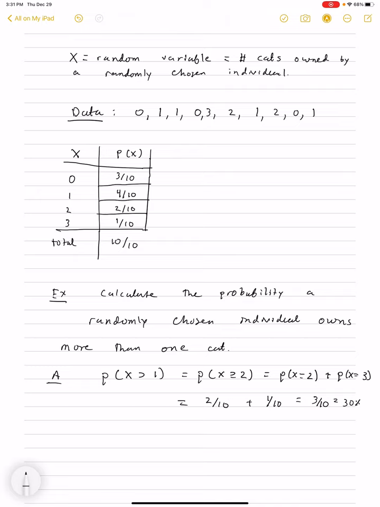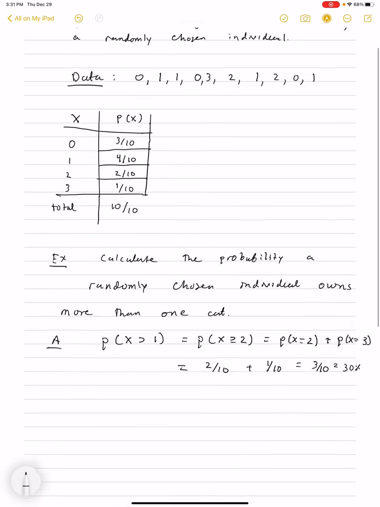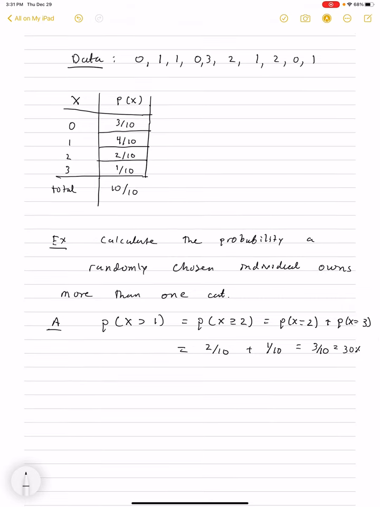Now, with this data, one thing that we could ask is, what's the average number of cats an individual owns? That is, on average, how many cats would a randomly selected individual own? Okay. So this is synonymous with expected value, and let me go over this.